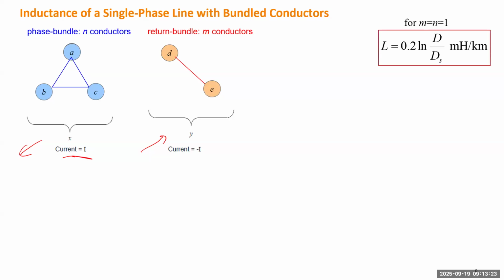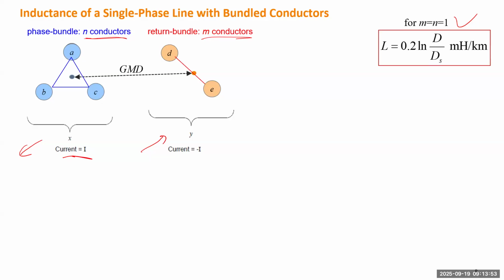We still start from this formula, but this formula is only good for the case where we have just two conductors, which means if we treat the first line as having n conductors and the second as having m conductors, this is the special case of m equals n equals 1. But now we need to be able to treat any number of conductors on each line.